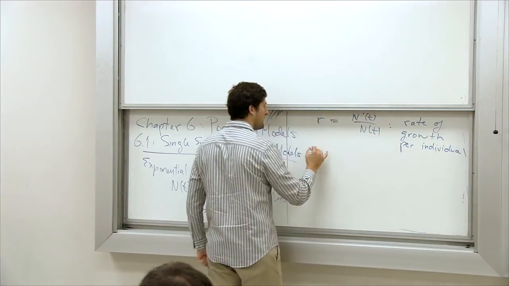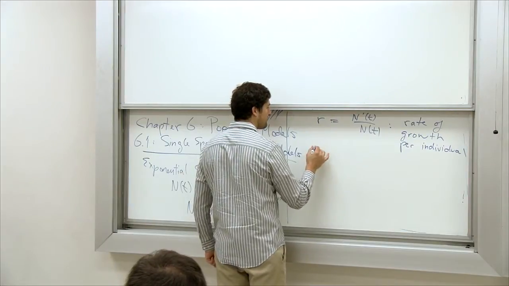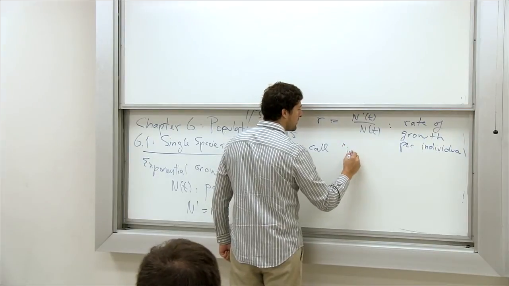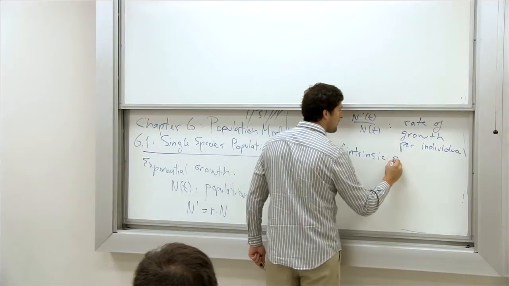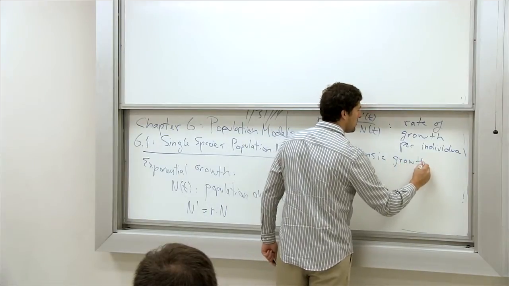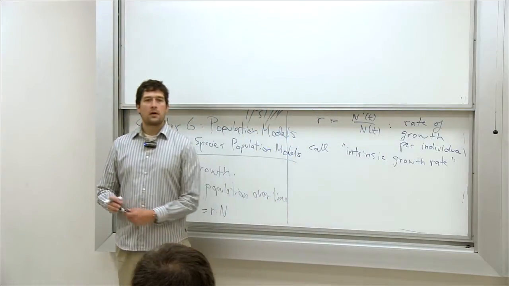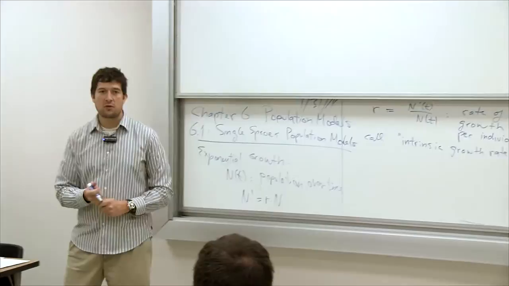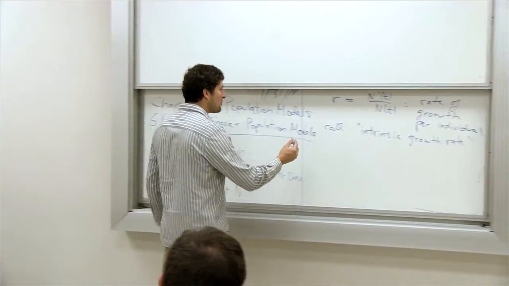We'll call this the intrinsic growth rate. Okay? So intrinsic growth rate means per giraffe, how fast does a giraffe reproduce, for example, making 2 giraffes.